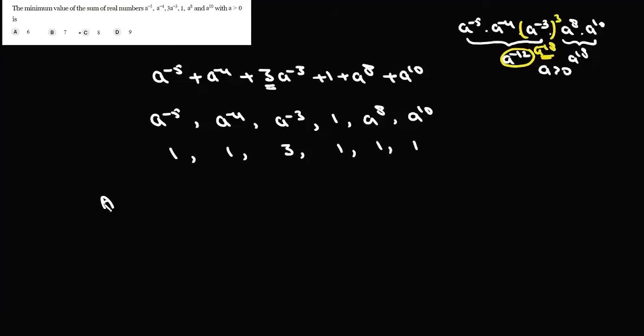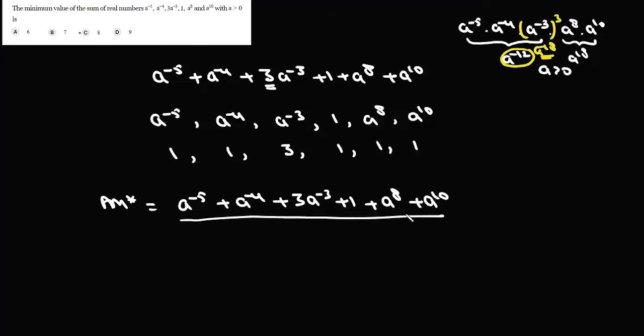And if we write their weighted AM, it will be a to the power minus 5 plus a to the power minus 4 plus 3 a to the power minus 3 plus 1 plus a to the power 8 plus a to the power 10 whole divided by, now this is 3 plus 3, 6 plus 2, 8.